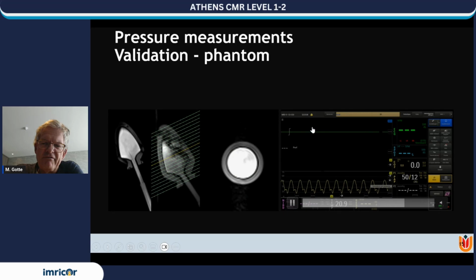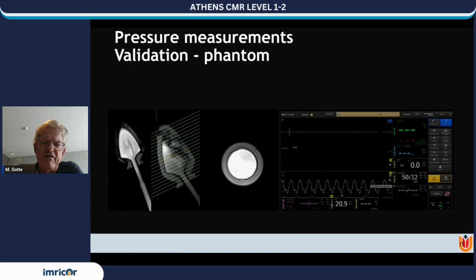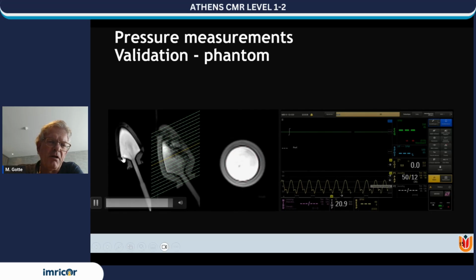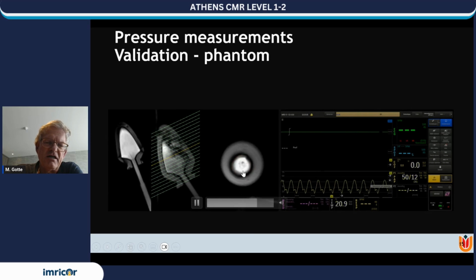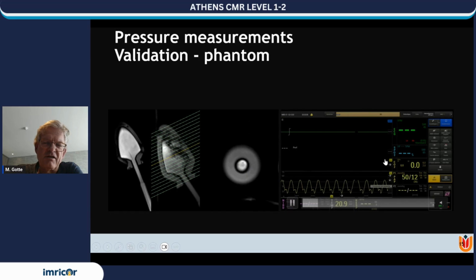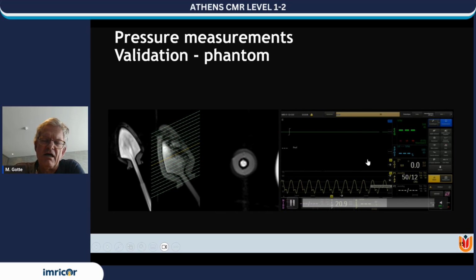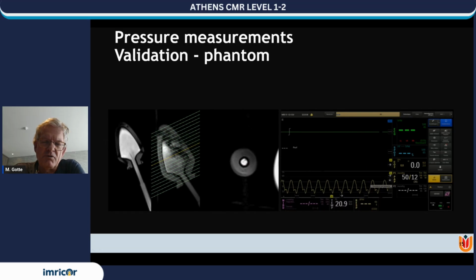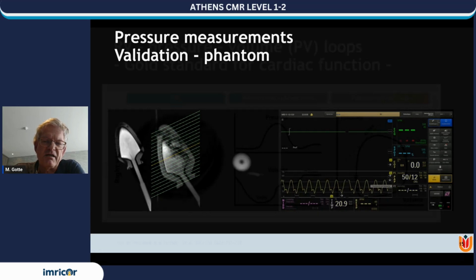What we did is we developed a strategy so that we can capture the data, store the data, and play with the data. We developed this pipeline, and we tested the pipeline in a phantom. This is a deformable MR compatible phantom. We know exactly the change in volume and pressure, and we tested the setup we developed and are willing to share with other sites to be able to record pressures obtained in the magnet.